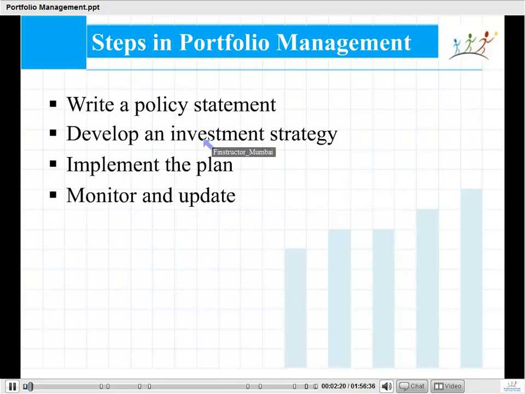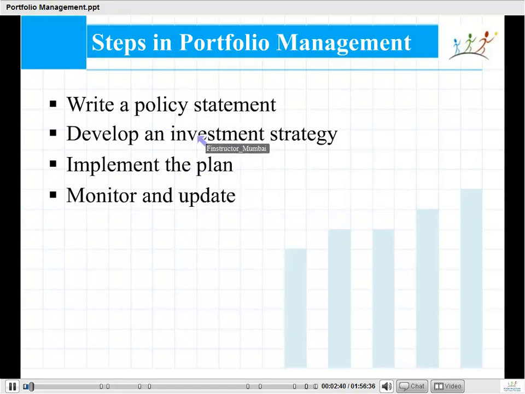Once you have developed the strategy, implement the plan, that is actually purchase assets and invest the client's money, and monitor and update the strategy as to whether it's performing according to expectations, if investor circumstances have changed, and if there is any tweaking or realignment of the portfolio that needs to be done.